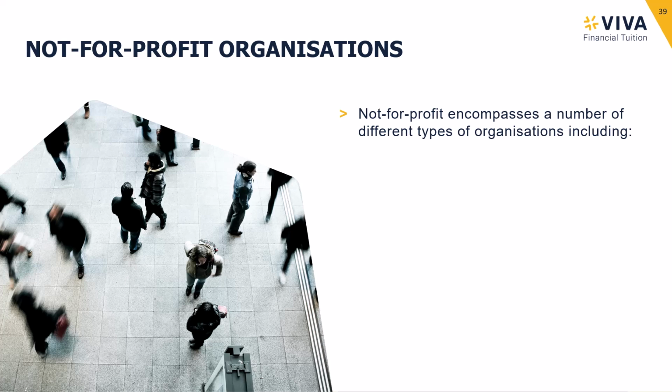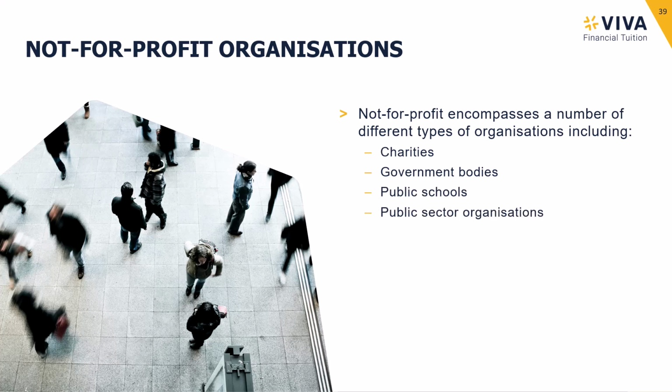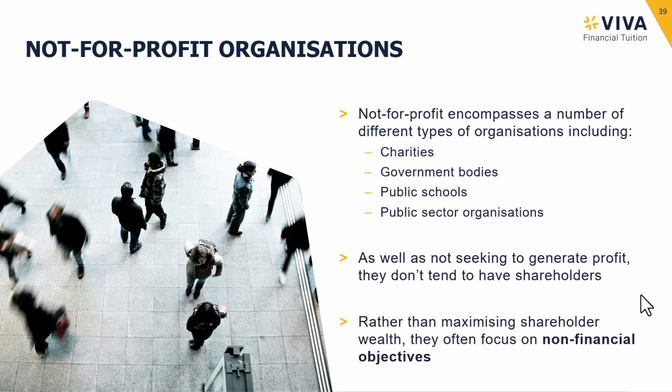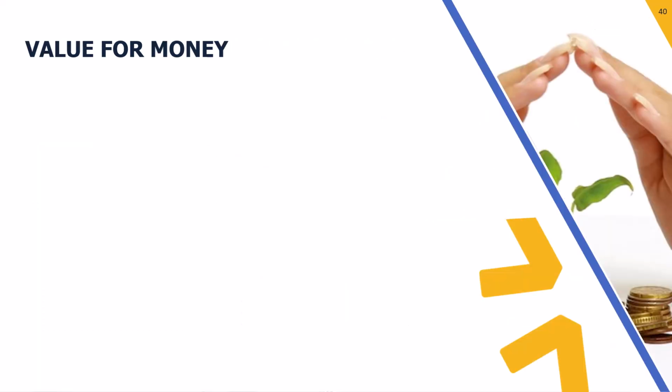These encompass a number of different types of organisations, so these could be charities, government bodies, public schools, or public sector organisations. As well as not seeking to generate profit, they also don't tend to have shareholders. So rather than maximising shareholder wealth, they often focus on non-financial objectives.